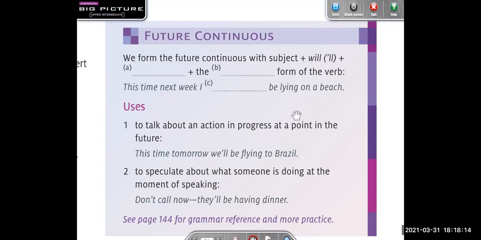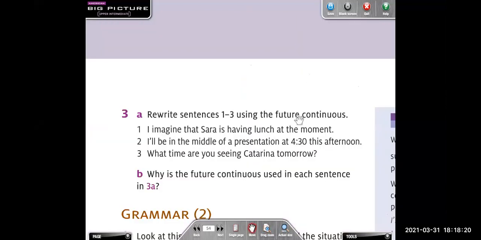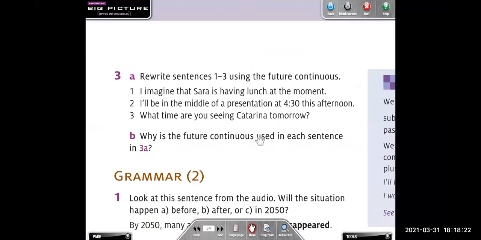Let me see. Exercise number 3. It says, rewrite the sentences 1 to 3 using the future continuous. For example, number 1, I imagine that Sarah is having lunch at the moment. What can you say here?